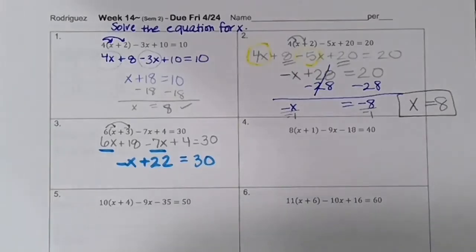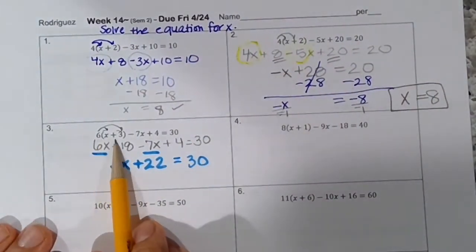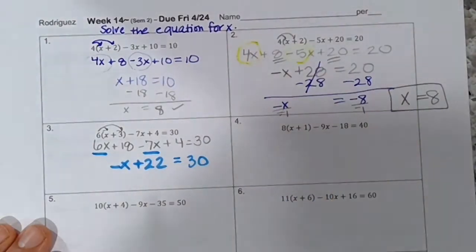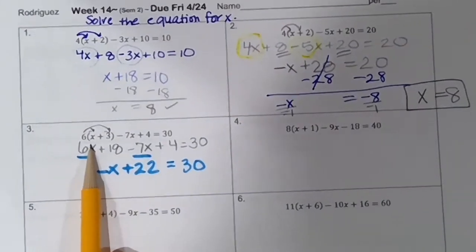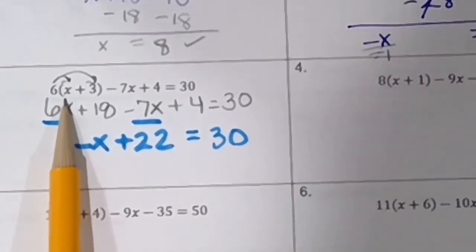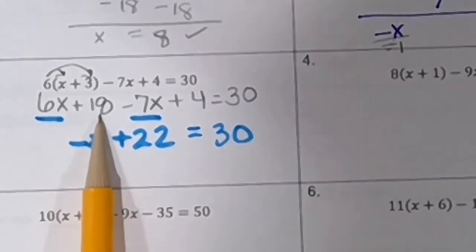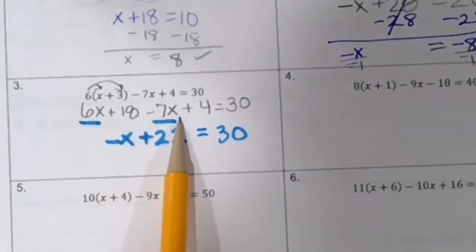All right, so I've already started this one. And again, you're going to do the same thing. 6 times x. Oh, and the answer to this one was x equals 8, so it's off the screen. Okay, so 6 times x is 6x. 6 times 3 is 18. And then bring everything else down. So minus 7x plus 4 equals 30.